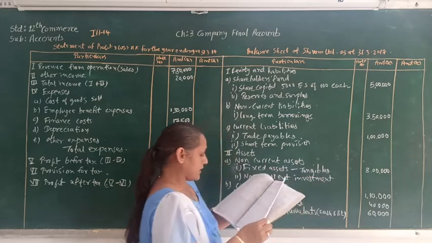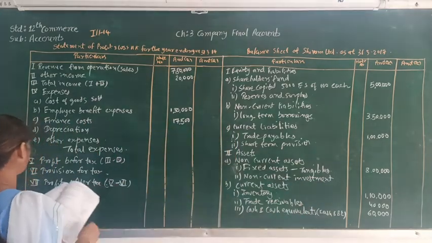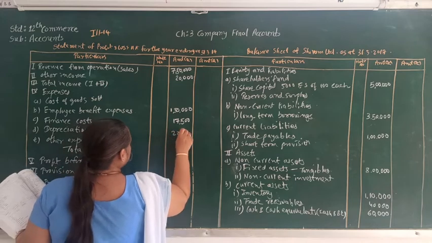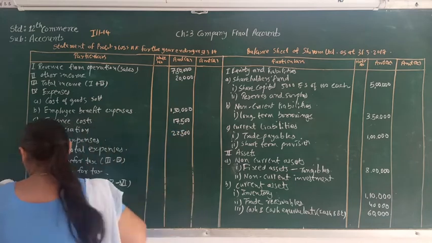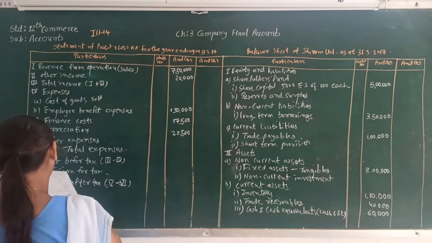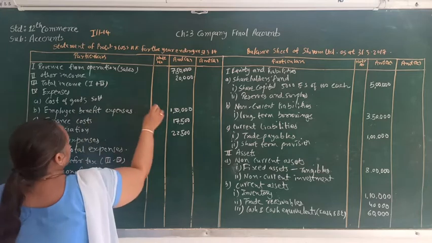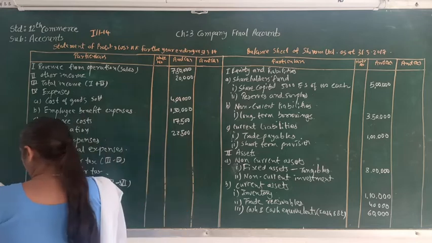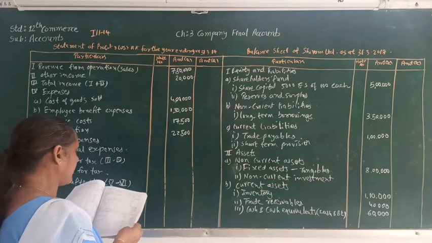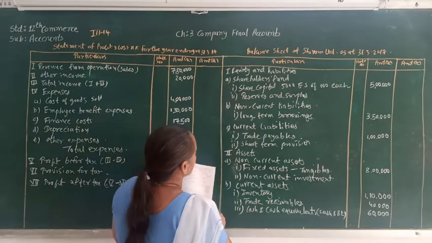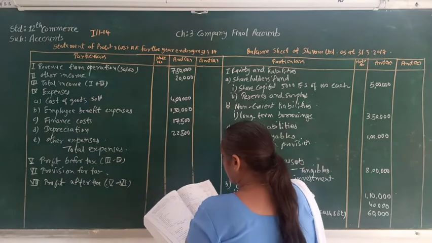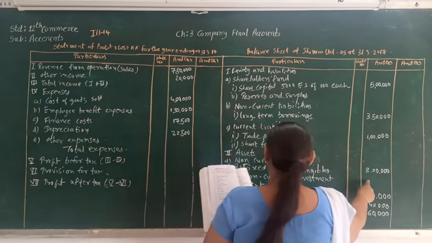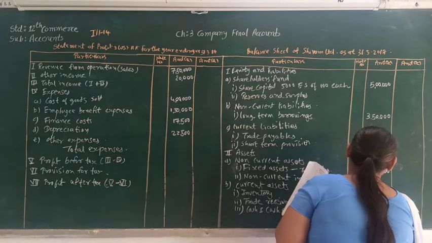After cash and bank, the other expense is depreciation, that is 22,500. Afterwards, the other is cost of goods sold, and that is 4 lakh. And then the last one is non-current investment, and it is 1,40,000.